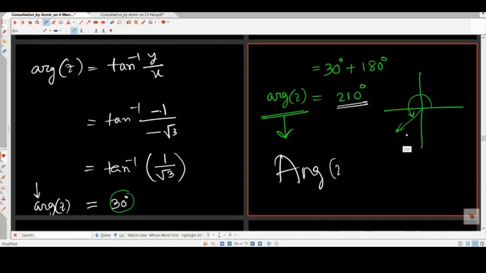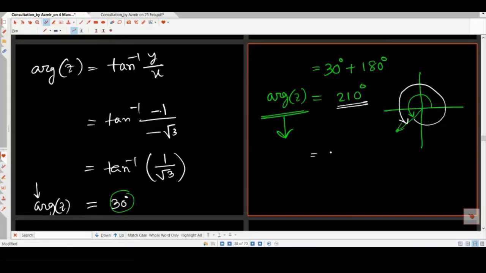Now, coming from the concept of rotation, counterclockwise or clockwise, let's say we are using counterclockwise. If we make one full rotation, that means we are adding 2 pi to the previous angle. If we add 360 degree, we are getting the same line. So that doesn't affect our result.